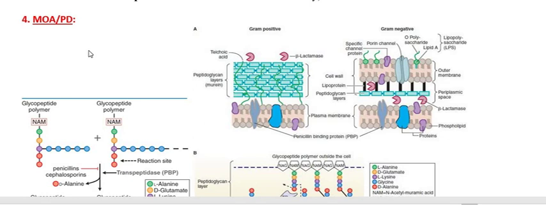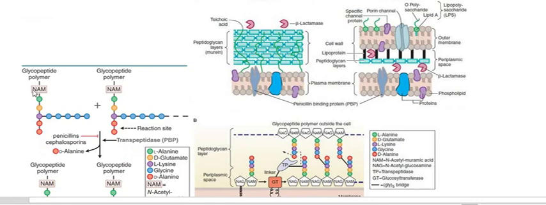The next point is, what is the raw material of the cell wall? The cell wall is made up of peptidoglycan. What is peptidoglycan? Glycan plus peptide. This cell wall is made up of peptidoglycan, in which the glycan is made up of two main components, NAG and NAM.